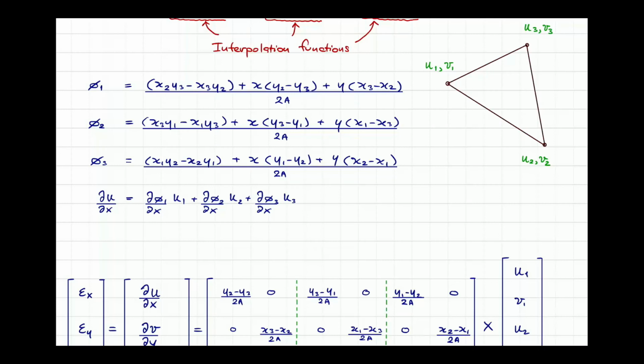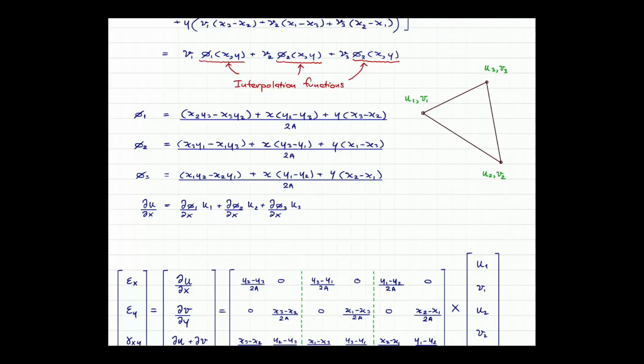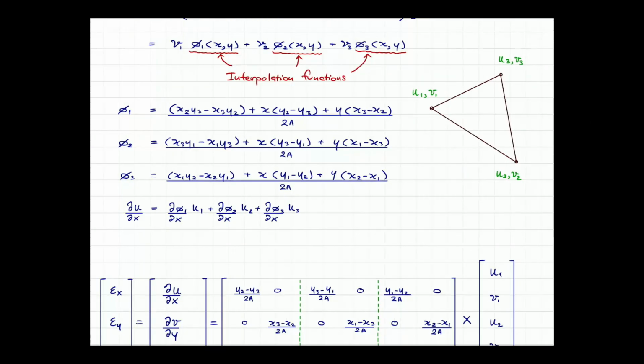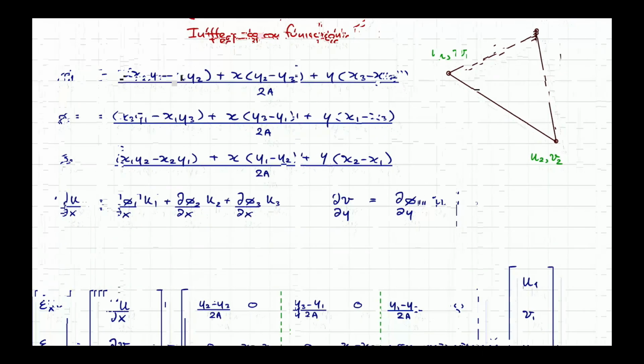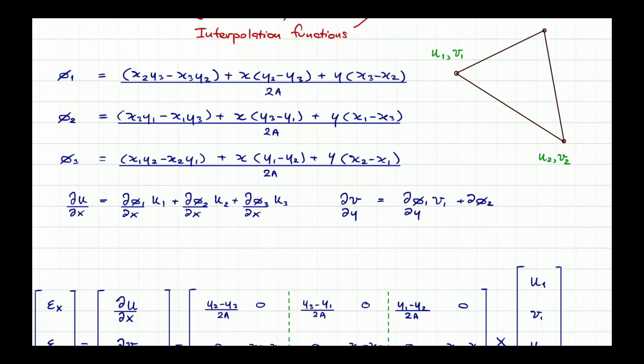Okay. So let me expand this here to make sure that you still catch up with the content. The derivative of v with respect to y is given by the partial derivative of v1 with respect to y times v1 plus the partial derivative of v2 with respect to y times v2 plus the partial of v3 with respect to y times v3.